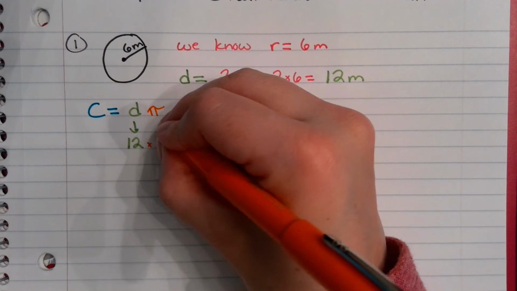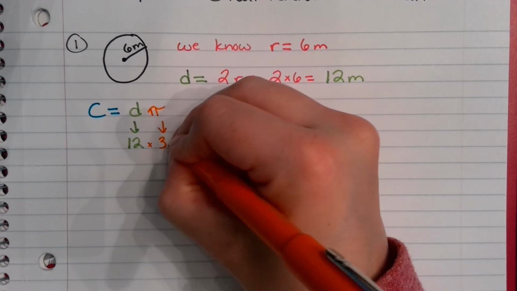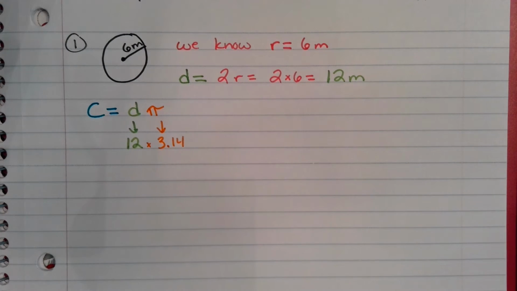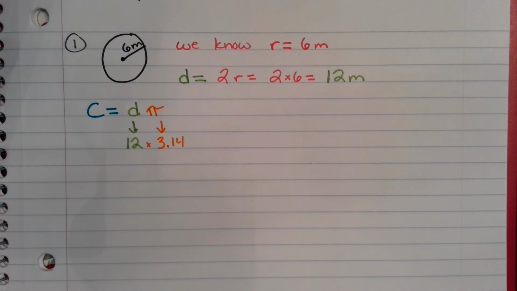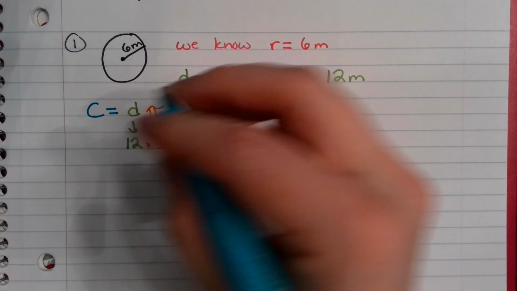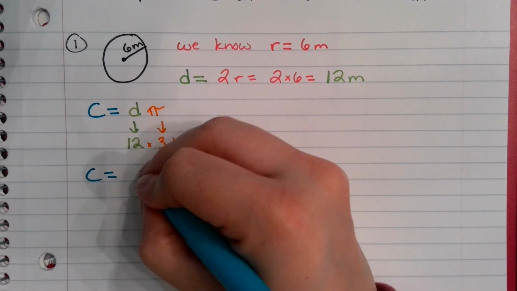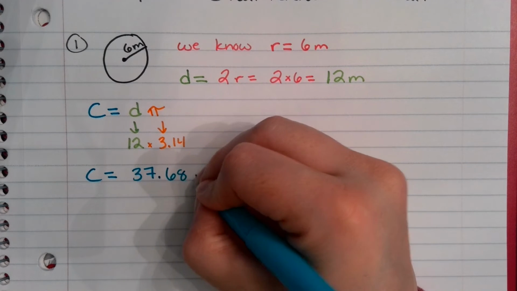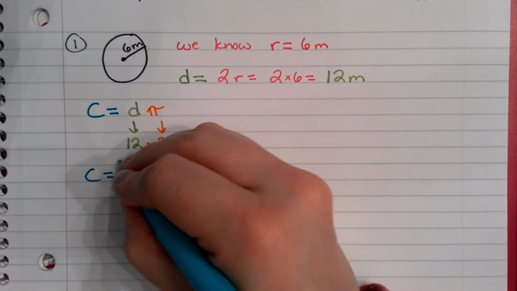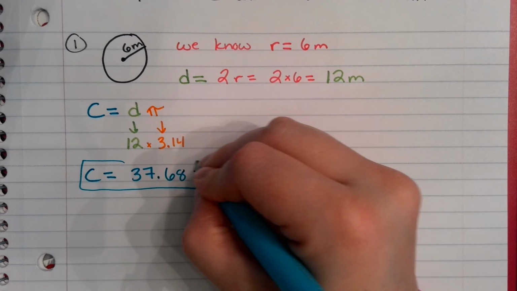Pi is 3.14. So we're going to multiply 12 times 3.14, and that gives me a circumference of 37.68 meters. So there's my circumference.